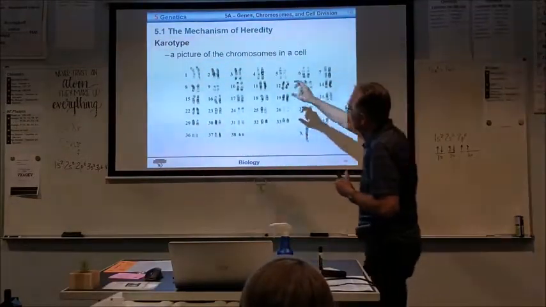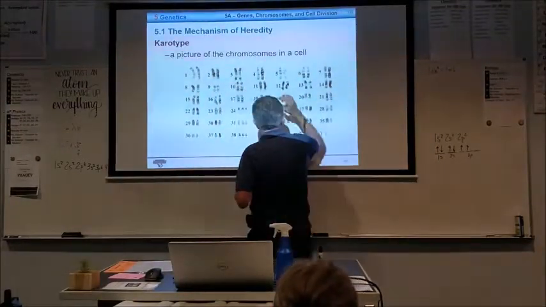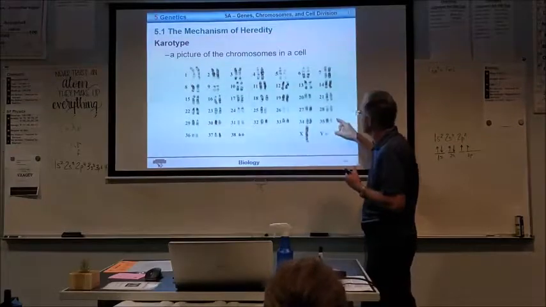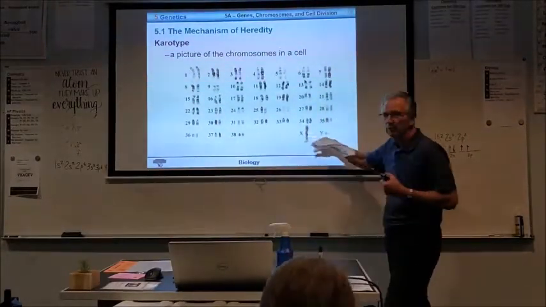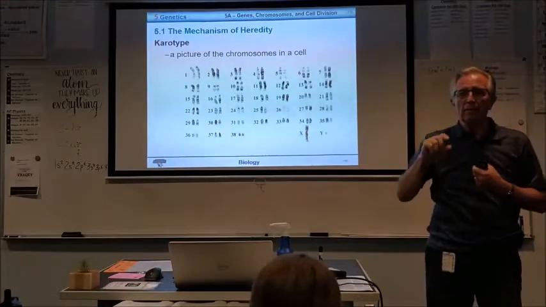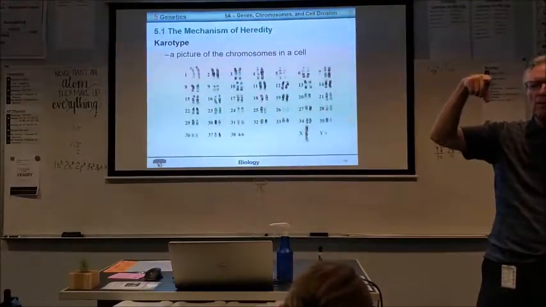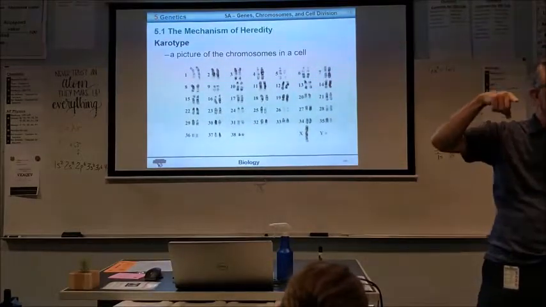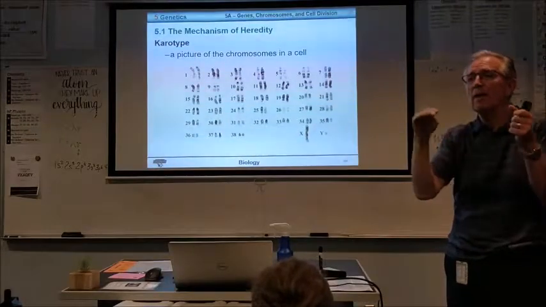So the biggest chromosome would be called number 1, and the shortest one would be number 38. These are different. We'll talk about those in a moment. And then if there are two of them, I think the same size, then they go by where the centromere is. Is it in the middle or is it close to one end? I don't know how they decide that part. But that's how they number it.